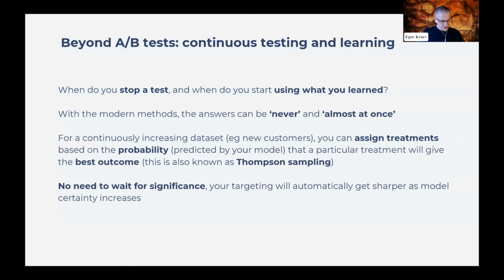And if so, you get a 10% higher chance of setting up the treatment. So you just scale the treatment according to the certainty of what is the best thing to do. You scale treatment probabilities. And then as you get more certain, your assignment gets more deterministic. And the lovely thing is that by using this causal inference math, you can still learn from these increasingly biased data sets as well.